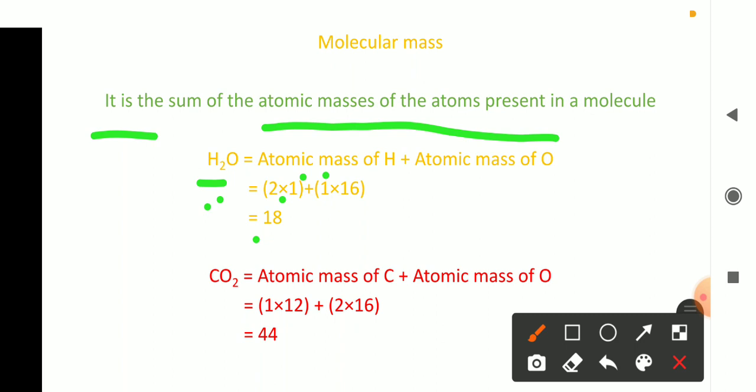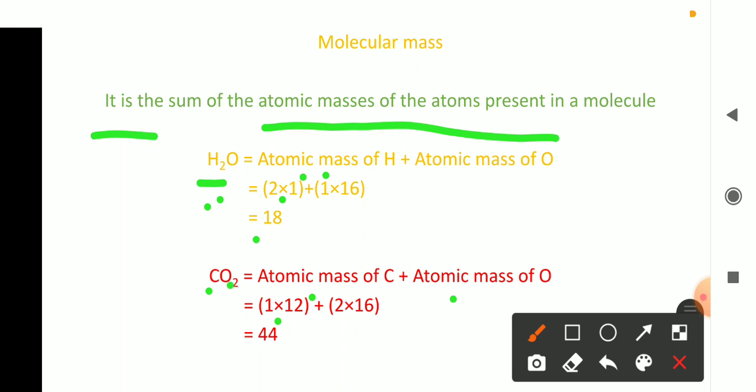In the same way, we can calculate the mass of carbon dioxide molecule. Here, what are the atoms present? 1 atom of carbon and 2 atoms of oxygen. That is given here. The molecular mass of CO2 is equal to atomic mass of carbon plus atomic mass of oxygen. How many carbons are there? Only 1 carbon. What is the mass of carbon atom? It is 12. So we have written 1 into 12 plus oxygen.